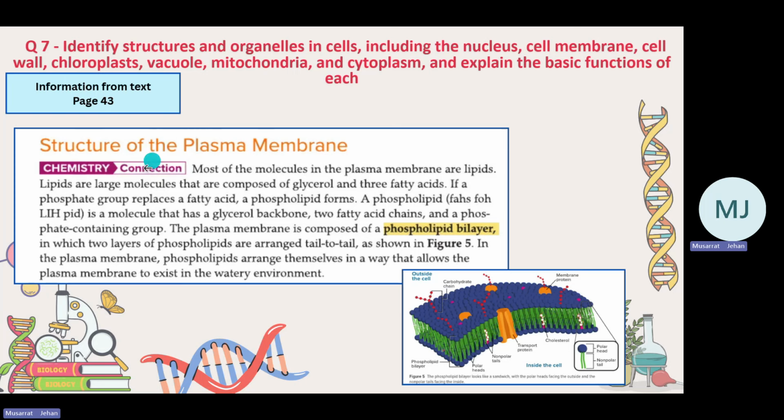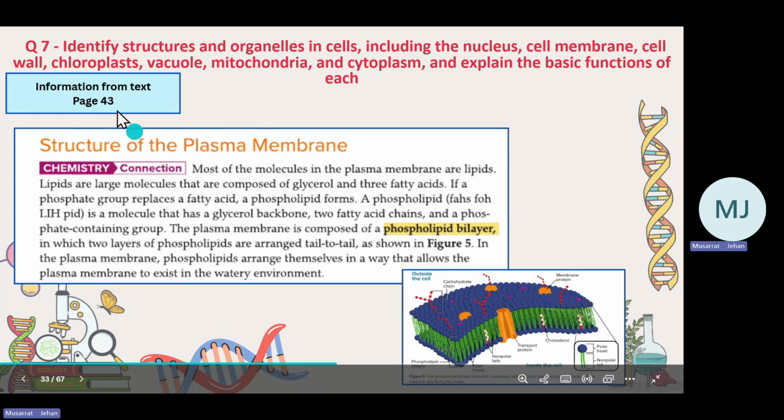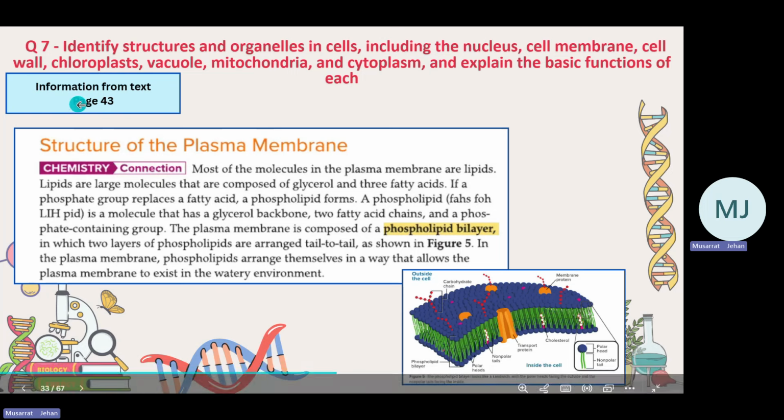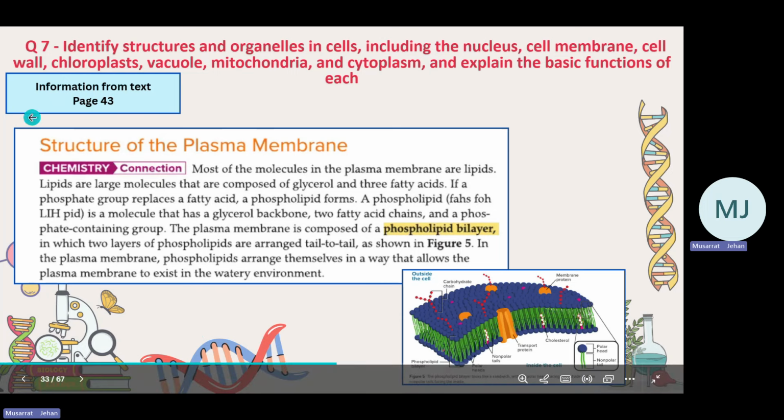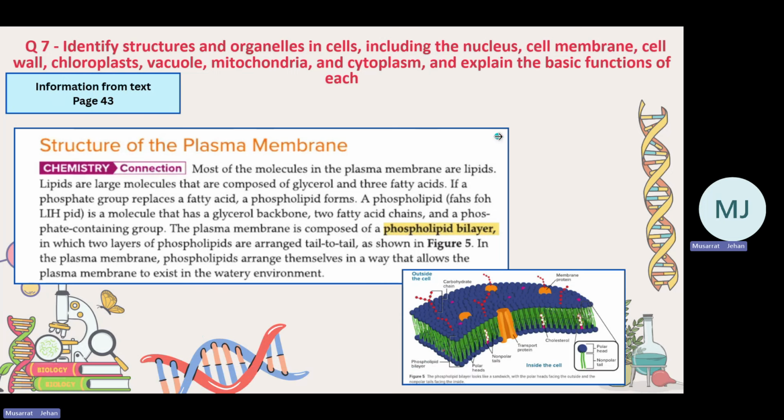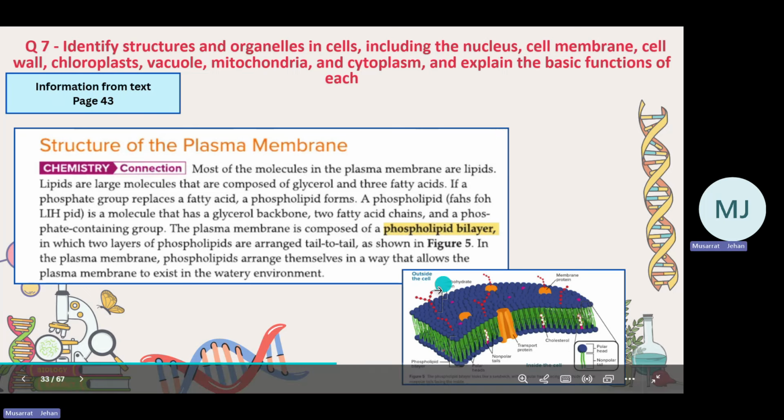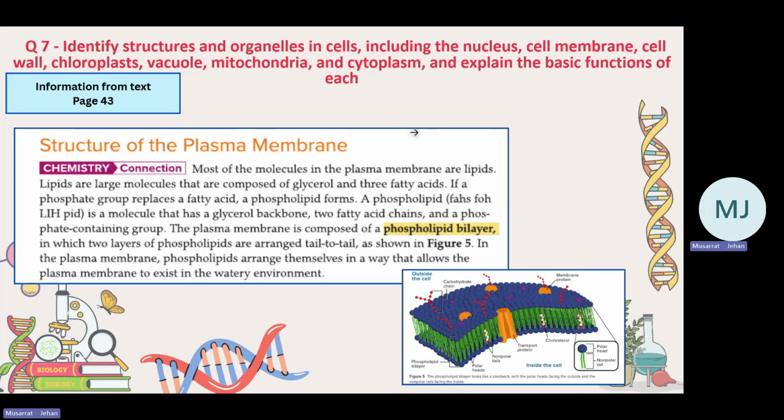Okay, so we start with the lesson plasma membrane, and the question that will come is from page number 43, information from the text. On page number 43, they are talking about the plasma membrane structure. Most of the molecules in the plasma membrane are lipids. If you have a look at the structure of the plasma membrane, it is a phospholipid bilayer.